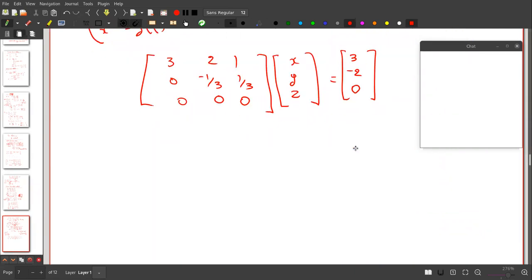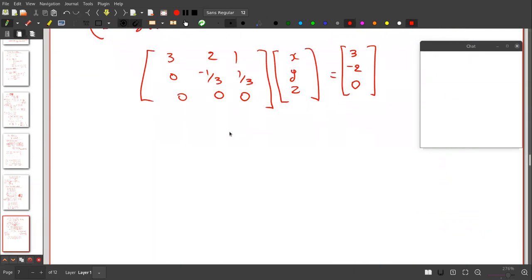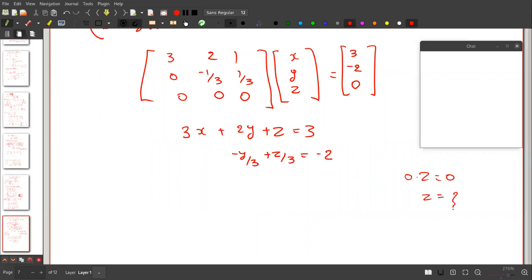Fine. Now we multiply something. So we write it as 3x plus 2y plus z equals 3, minus y by 3 plus z by 3 equals minus 2, and just these two equations, because 0 into z equals 0 gives nothing about z. So we can say that z is some arbitrary number t, because you multiply something with 0, you will get 0.